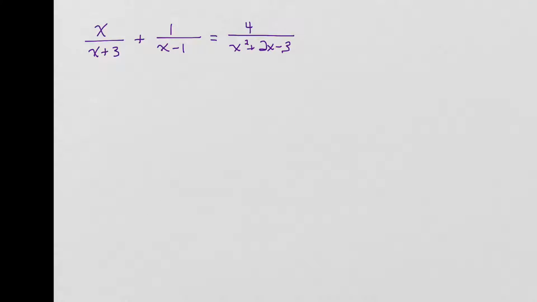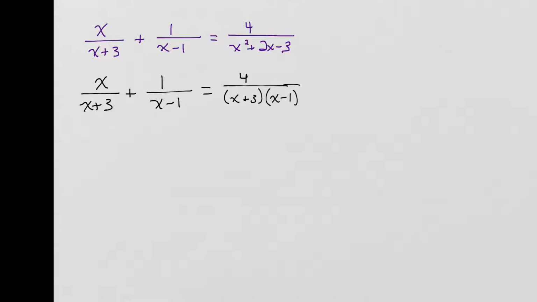Here's another one that would be a little trickier, only because I have to factor, excuse me, to find the common denominator. So the first piece will be factoring the denominator. And like in a lot of instances, the factors turn out nicely to be the same as the other two.